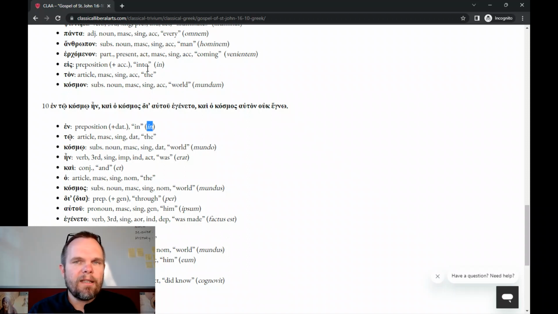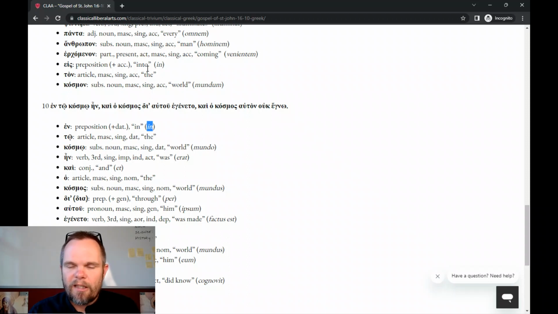Eis marturian, where it translates as for, eis ton kosmon, where it translates as into, and now here, en to kosmo, he translates it in, which means literally in the world. So we've seen that flexibility in the prepositions when translating to English.